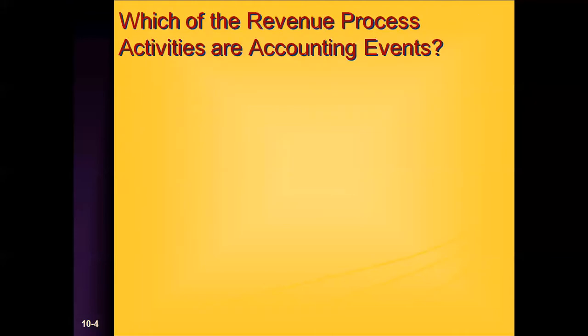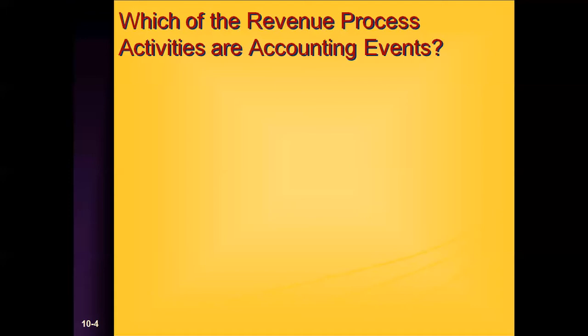Let's move on to which of the revenue process activities are accounting events. As we talked about before, accounting events are things that trigger some action in the accounting system.